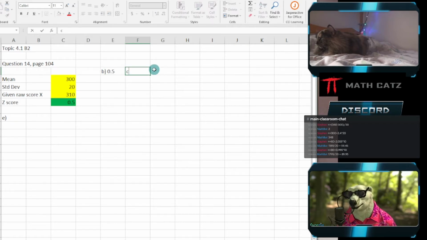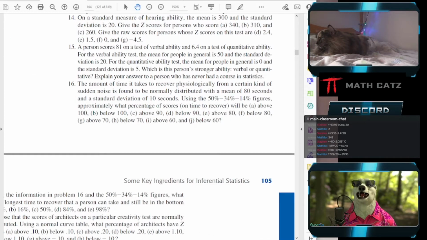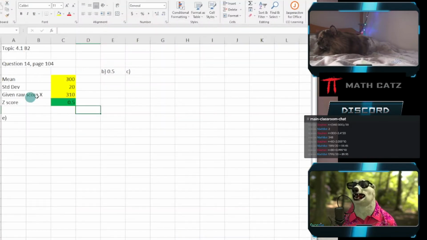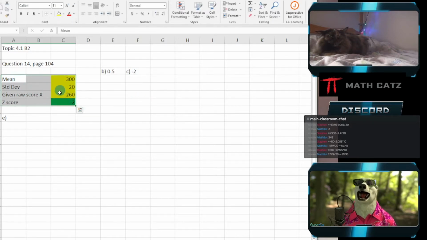And let's put C's answer over here. I can recycle this and just change my raw score input cell from 310 to 260, and my formula will update to -2, and I can put my -2 answer in there. So this is my calculation area, and then I can write the answers as I get them.